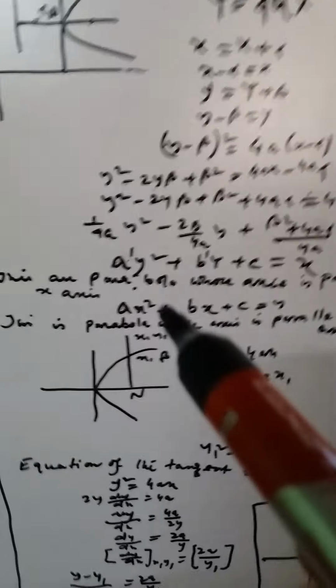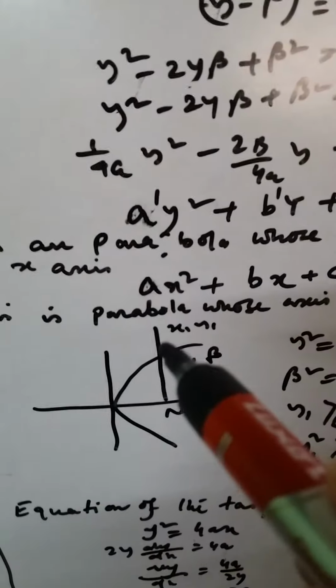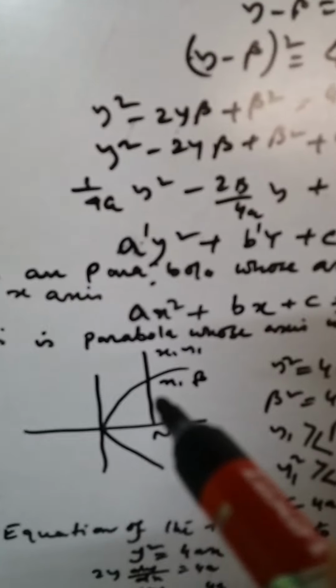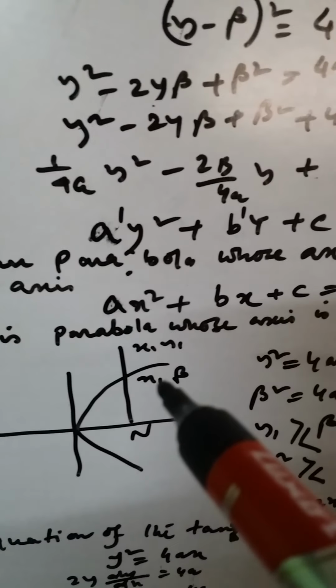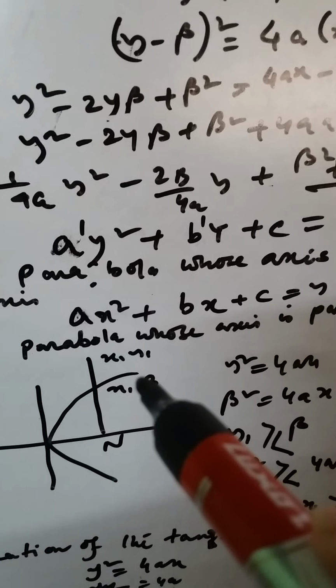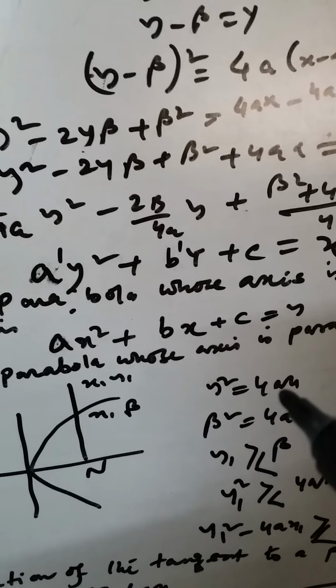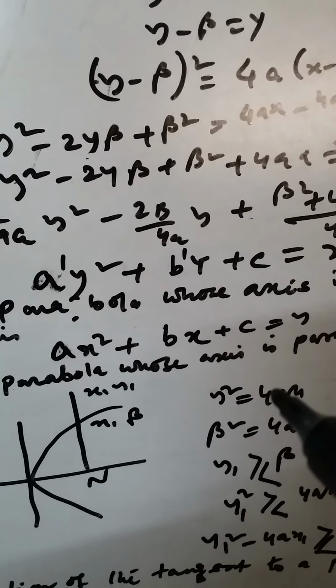Okay. Now, how do you define a point which is outside, on, or inside the parabola? Let the equation of the parabola be y square equal to 4x.